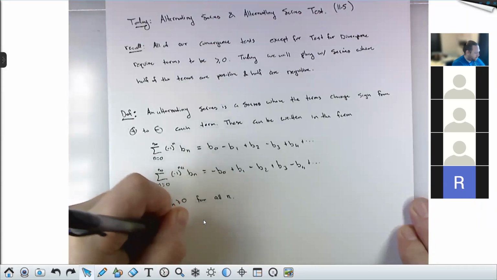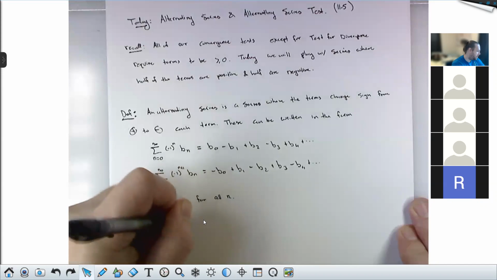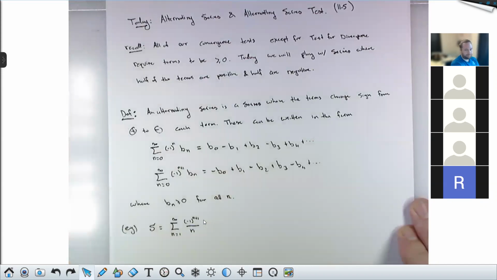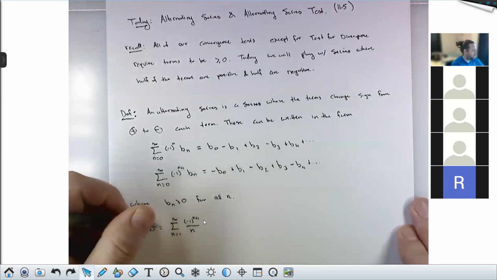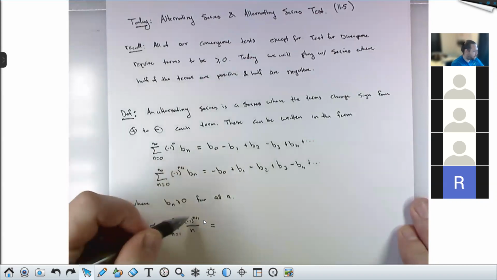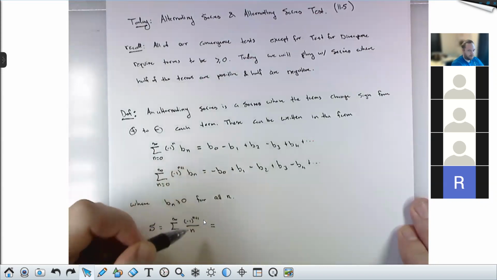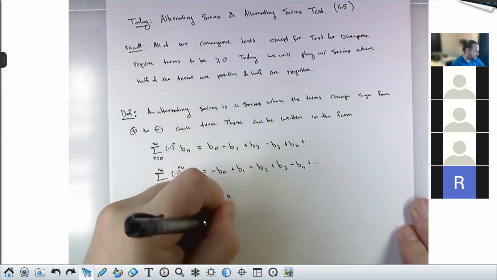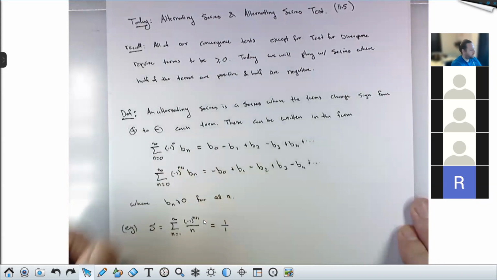If I take the sum from n equals 1 to infinity of (-1)^(n+1) over n, and I start writing out the terms. This is -1 squared, which is +1 over 1, so it starts out with 1 over 1. The next term would be -1.